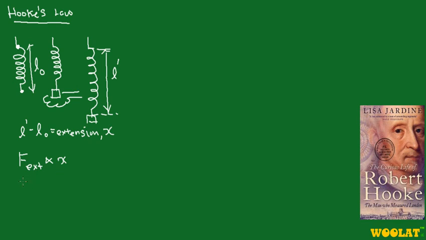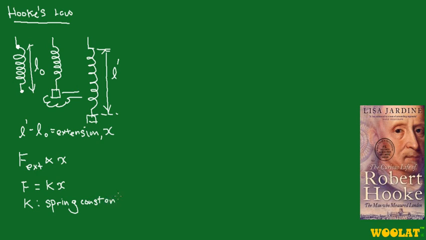So if I were to write an equation, this gives me the force used to pull the spring down. It's equal to a constant of proportionality, let's label it K, multiplied by X. Right, so K we have defined to be called the spring constant.